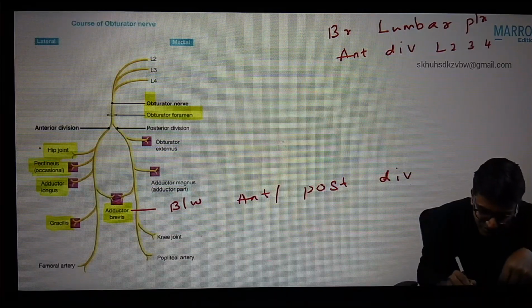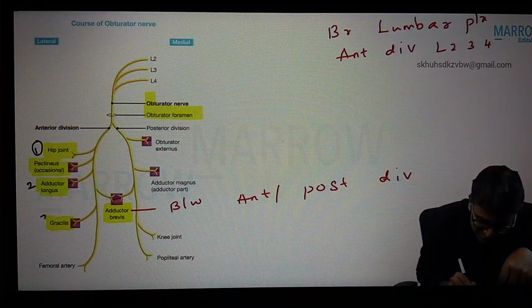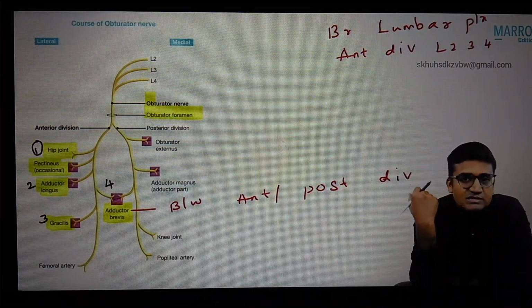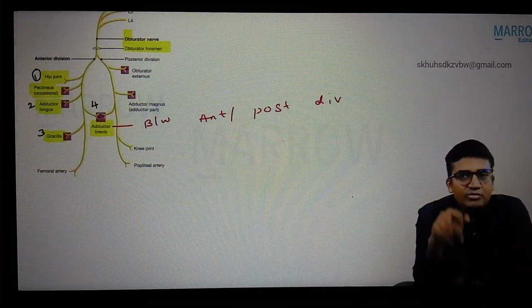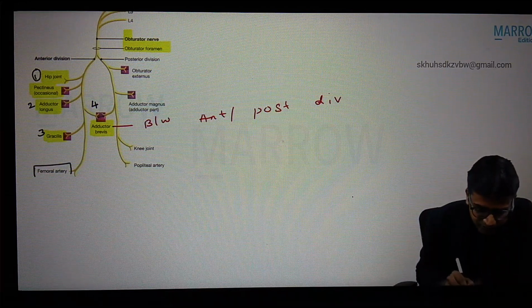So, our anterior division gives a branch to pectineus muscle, adductor longus muscle, gracilis muscle, and adductor brevis muscle. These are the four muscles supplied by the anterior division of the obturator nerve. The anterior division of the obturator nerve also gives a branch to the femoral artery.